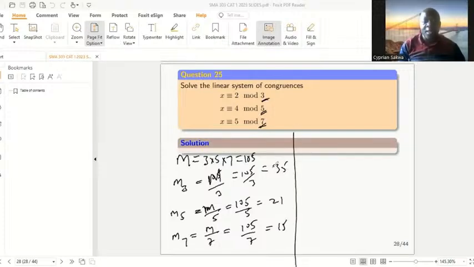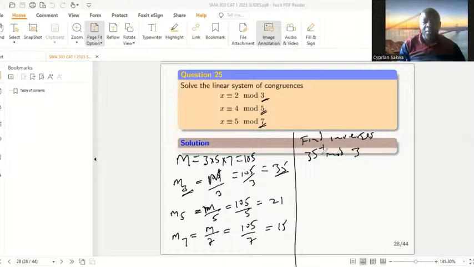Then after that, I get the inverses of all these moduli. So I find the inverse of 35 mod 3.